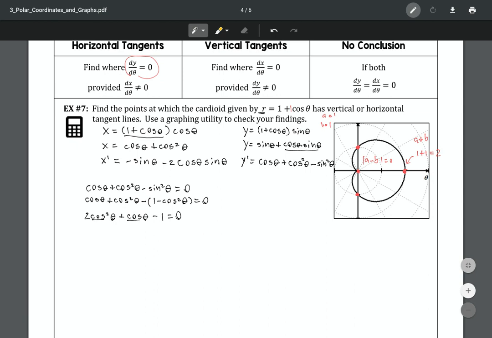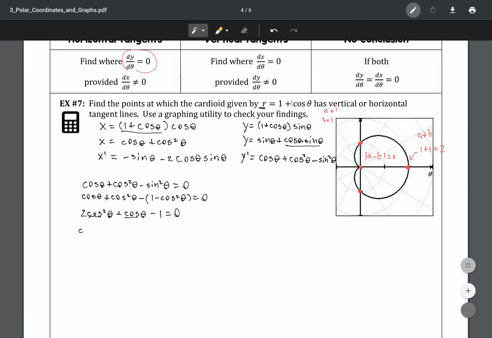Again, x was cosine, so using the quadratic formula, x would be negative b, which is the coefficient of cosine, which is 1, plus or minus the square root of b squared, which is 1 squared, minus 4ac. a is the coefficient of cosine squared, c is negative 1, all over 2a, and 2a would be 2 times 2.